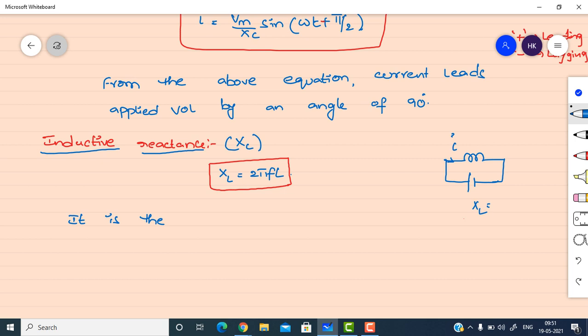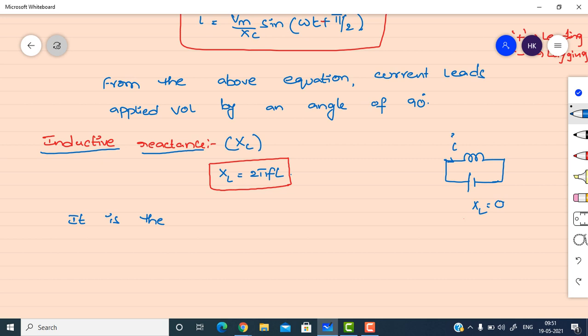Here constant current is flowing through the inductor. Inductor will be very happy. Whenever there is a change in current, then only the opposition comes into picture. Otherwise, there will not be any opposition to the flow of current if constant current is flowing through the inductor. So in case of DC, the inductive reactance is 0.